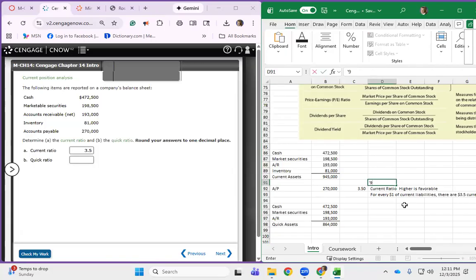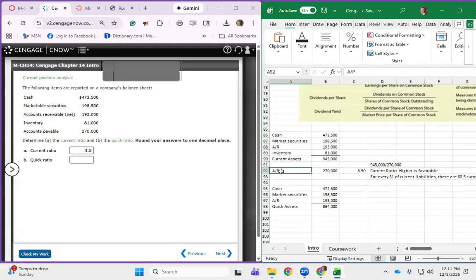So once again, 945,000 divided by 270,000 in current liabilities. There's the formula of how we got this 3.5.